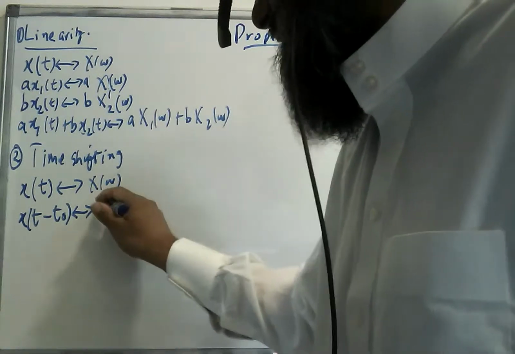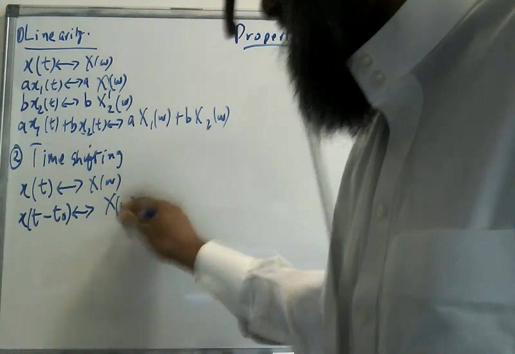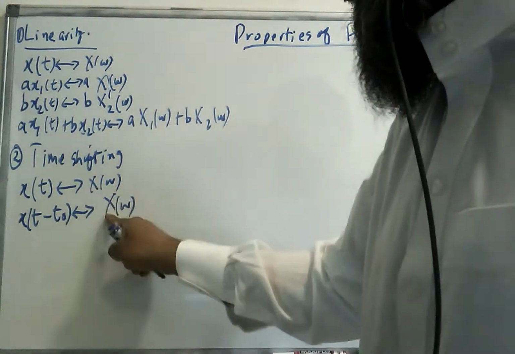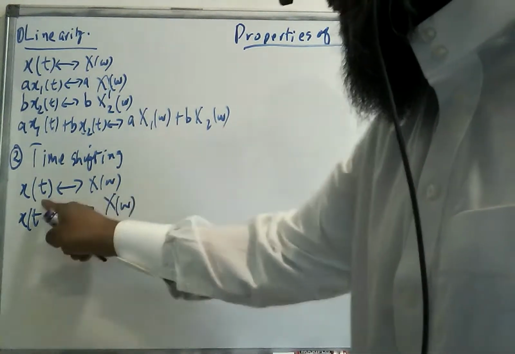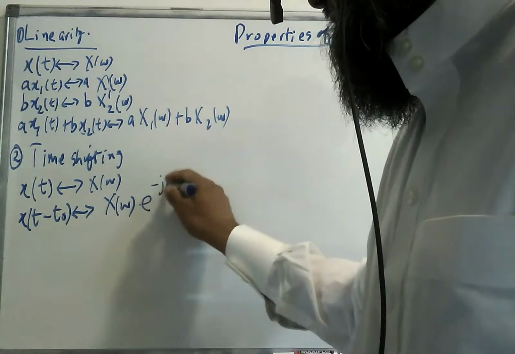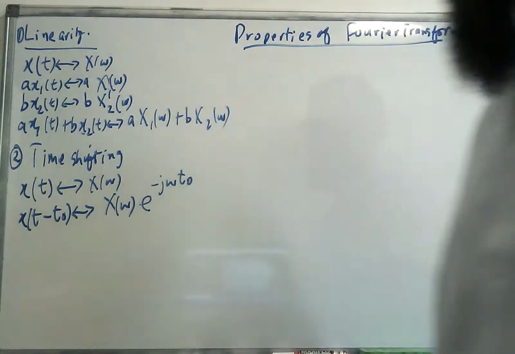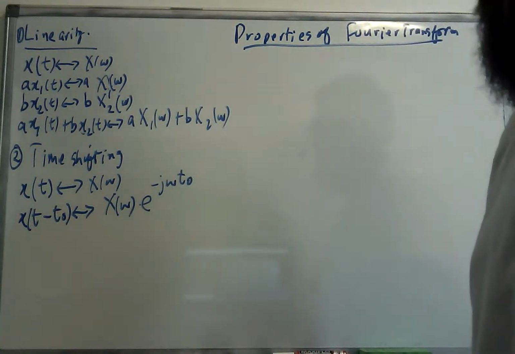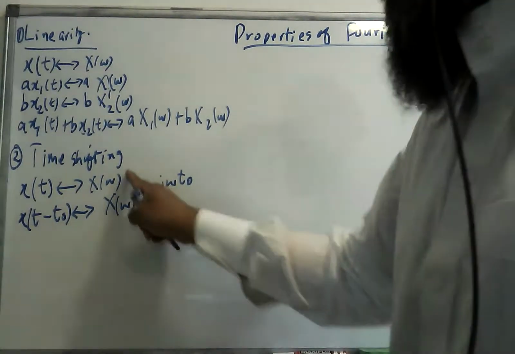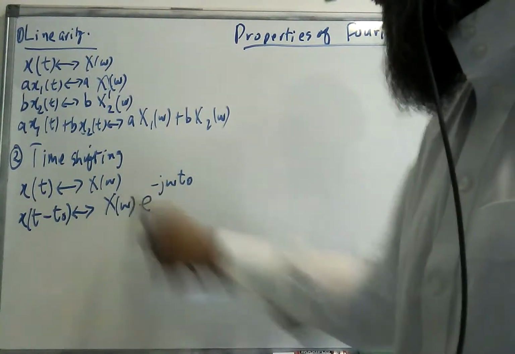We can just copy the Fourier transform of the unshifted function and multiply it by a phasor, a phase, which is e to the minus j omega t naught. So the magnitude is the same. The only difference is the phase.